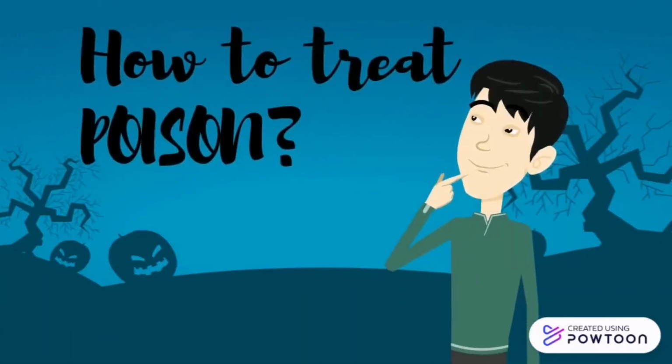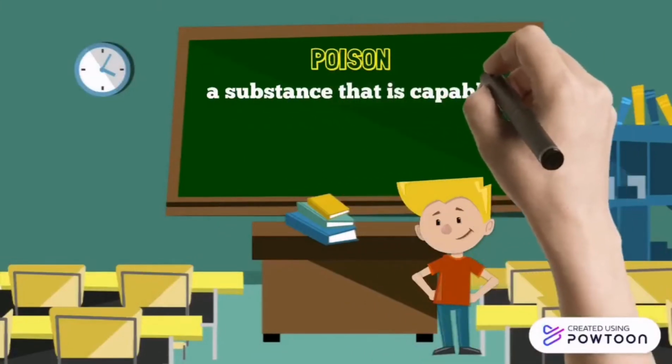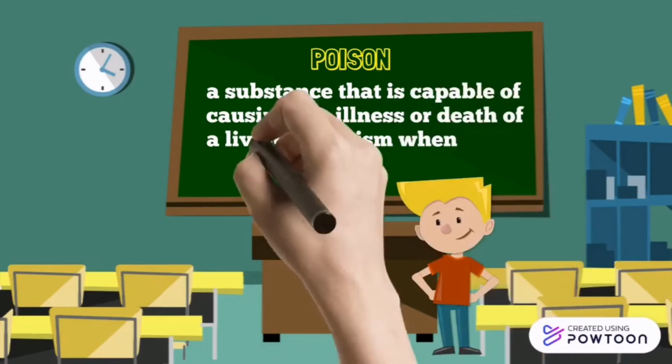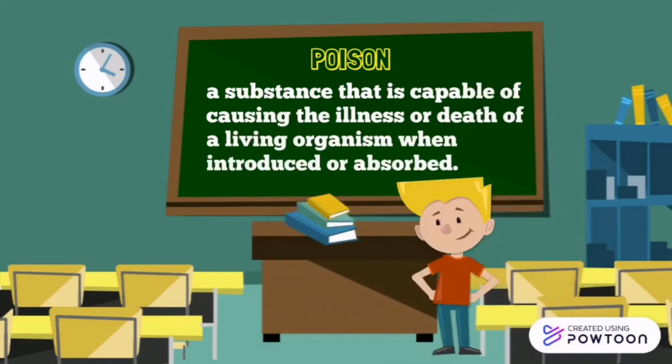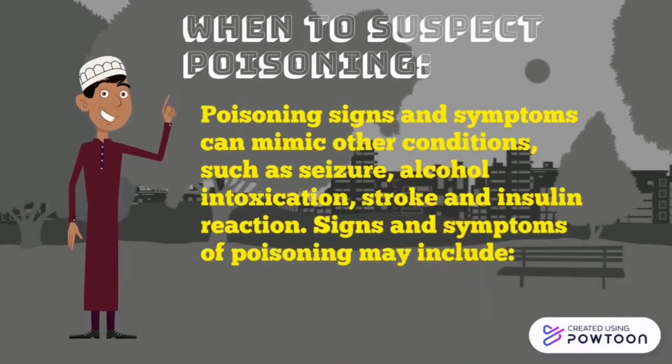How to treat poison. Let's define what is poison. Poison is a substance that is capable of causing the illness or death of a living organism when introduced or absorbed. When to suspect poisoning. Poisoning signs and symptoms can mimic other conditions such as seizure, alcohol intoxication, stroke, and insulin reactions.